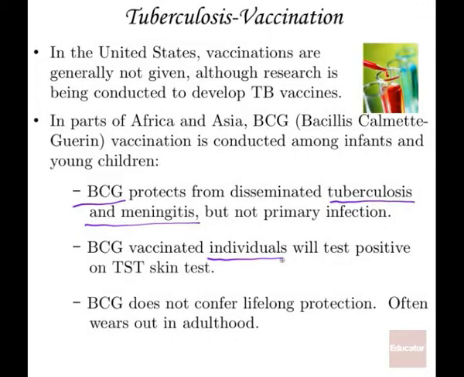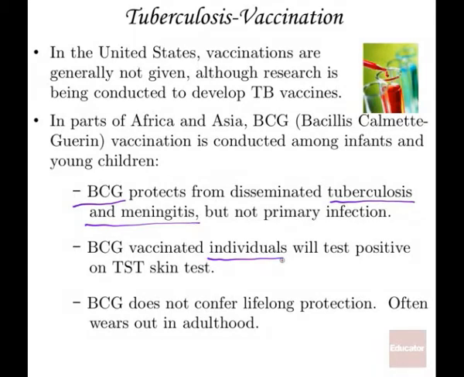And BCG vaccinated individuals, if they travel to the United States, for instance, they will routinely test positive on the tuberculin skin test. So that's why it's not encouraged for individuals in the United States to get a BCG vaccine, because then whether they're exposed or not cannot be determined, because a positive skin test can mean either you've had a BCG vaccine or you actually have been exposed to tuberculosis.